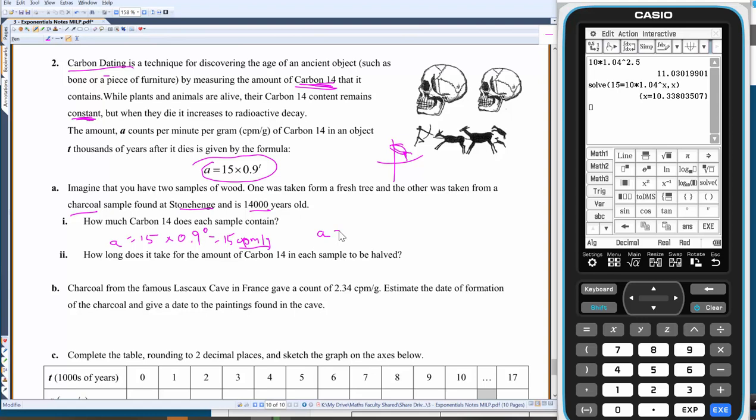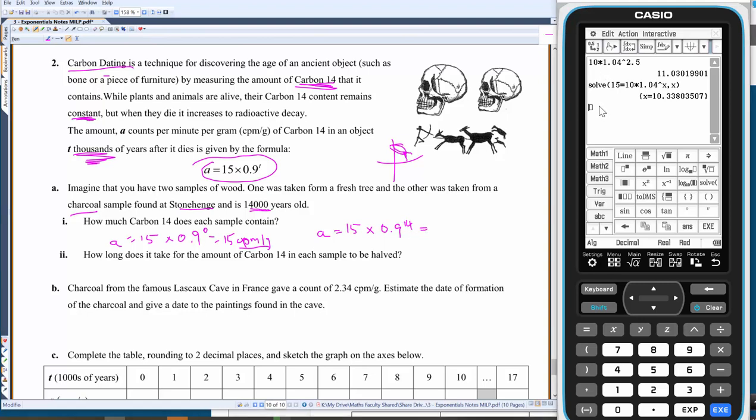Now, A equals 15 times 0.9 to the power of T, and what's T? T is thousands of years. So this is going to be 14,000 years, so T is going to be 14.